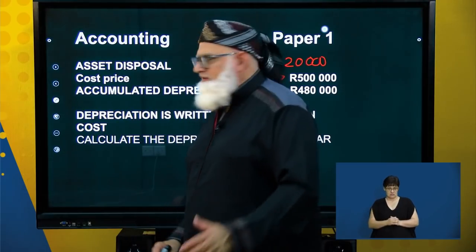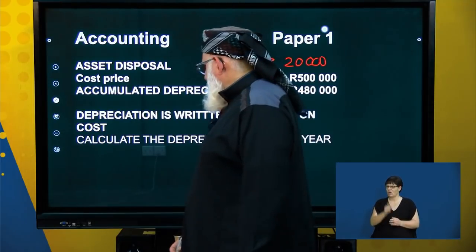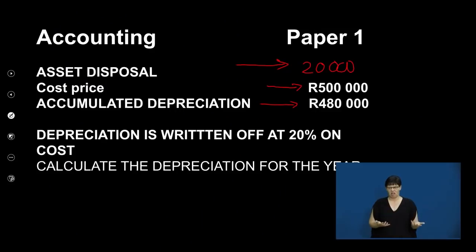Clear? Okay. Now it looks like a very simple calculation, and it says, calculate the depreciation for the year. How are we writing off depreciation? We are writing off depreciation at 20%, right? Remember we said you want the three components, A, R, T. So the method we are using is cost.